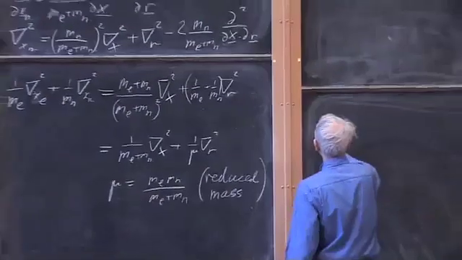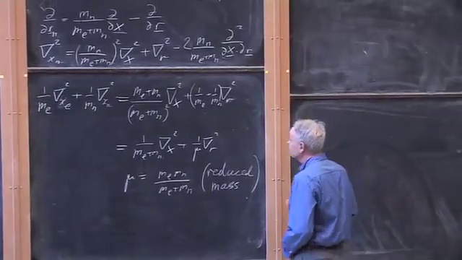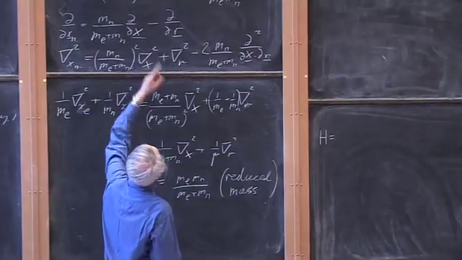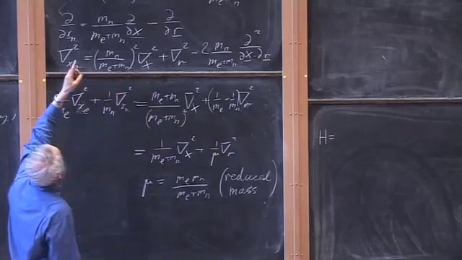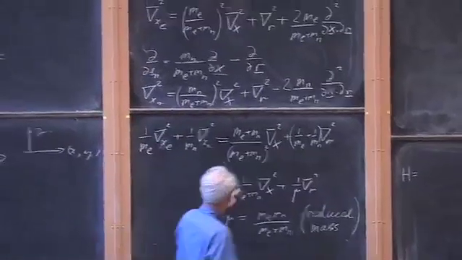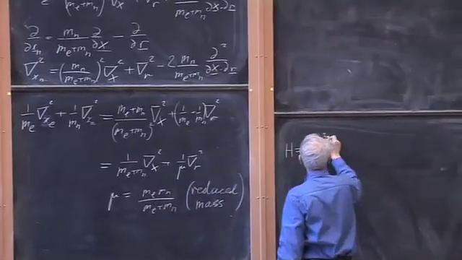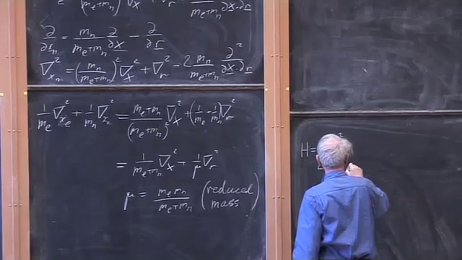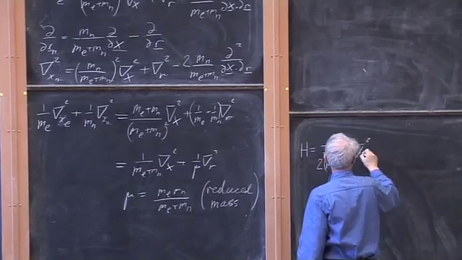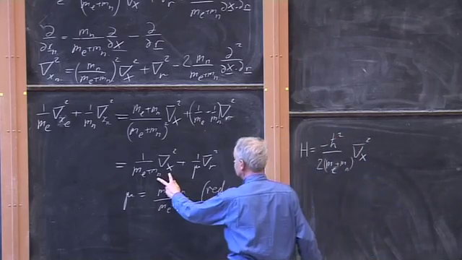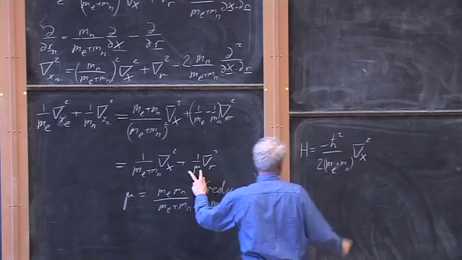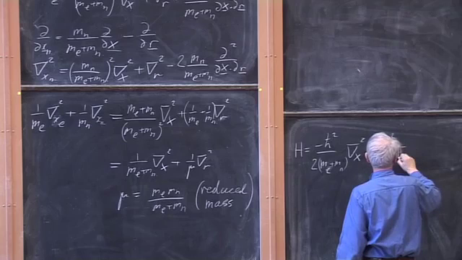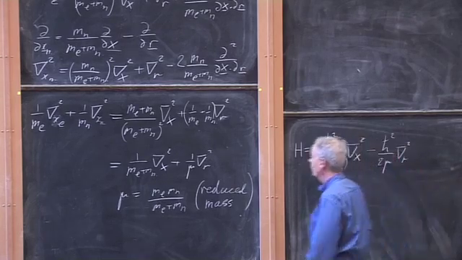We have a minus h bar squared over 2, so that's going to give us a minus h bar squared over 2 mn plus me, or me plus mn I've been writing, del squared with respect to big X. We will have minus h bar squared over 2 mu of del squared with respect to the separation vector.